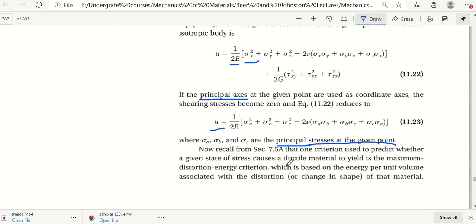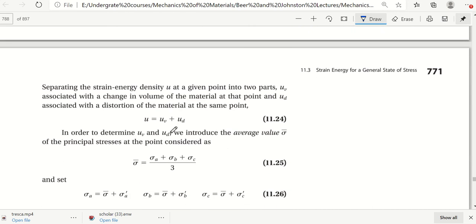So a criterion for a given state of stress to cause a ductile material to yield is the maximum distortion energy criteria, which is based on energy per unit volume associated with the distortion of that material. So strain energy has two components. Which one?